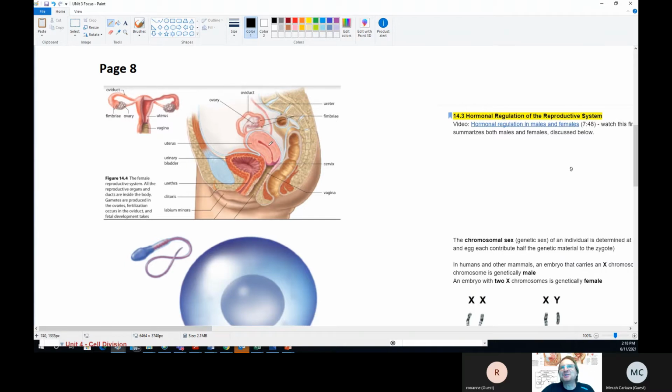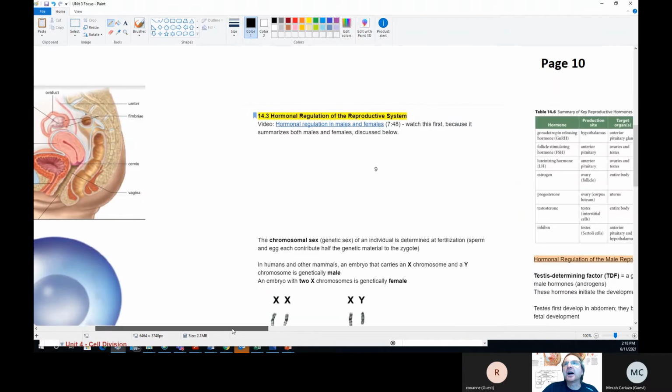I am a biology teacher. Sorry, the uterus is here, and this very thick wall here is the endometrium, and that's where the egg will get implanted. Kind of silly, I pointed to the wrong thing for the last couple of discussions, but anyway, we'll continue. So that's page 8.